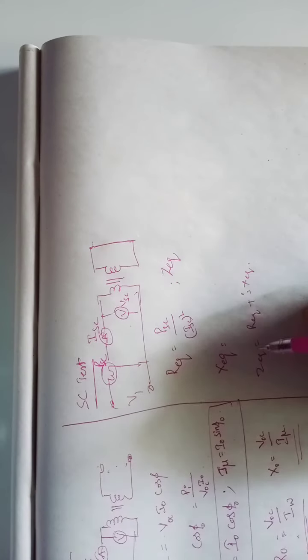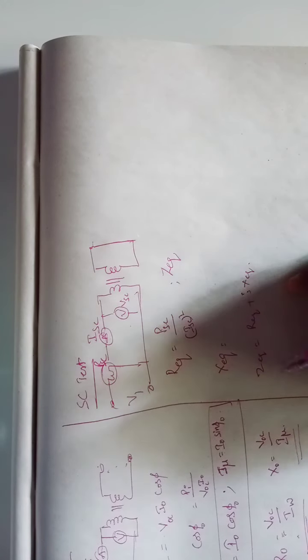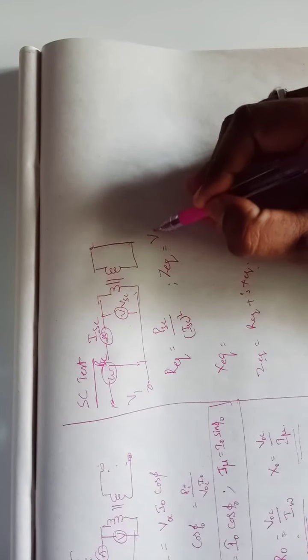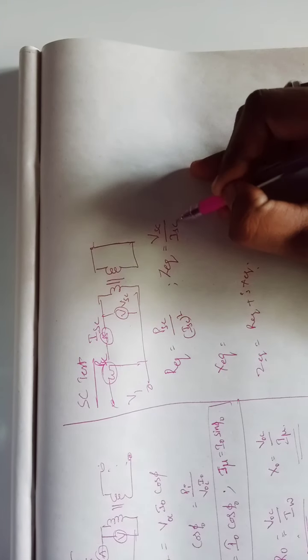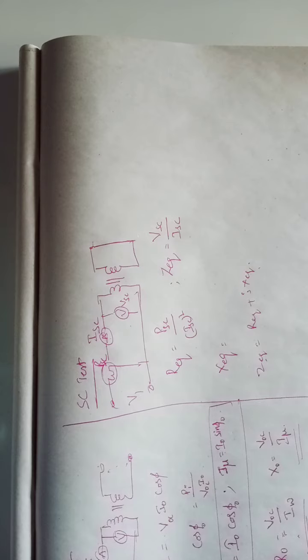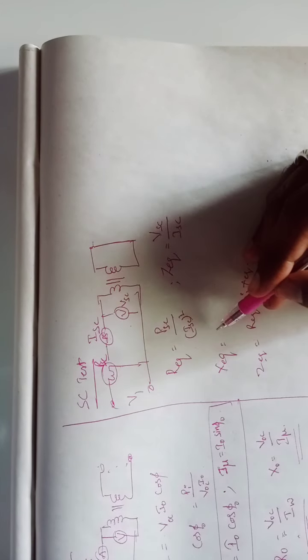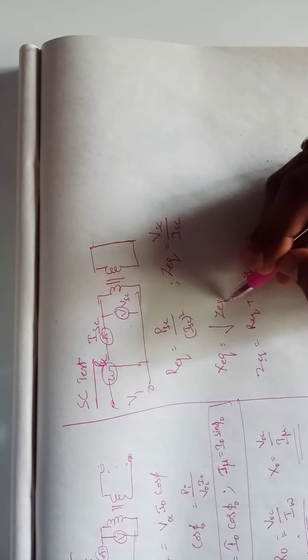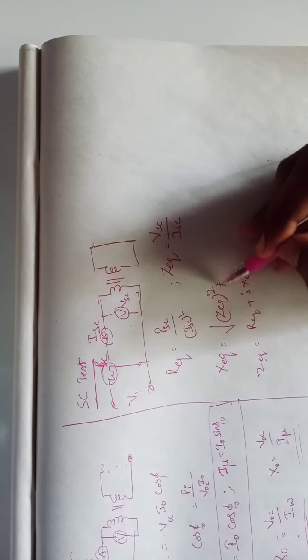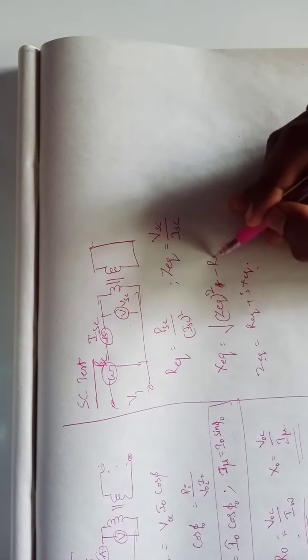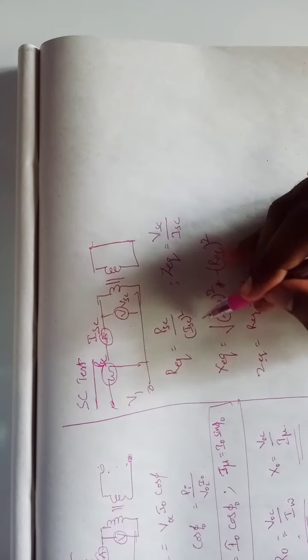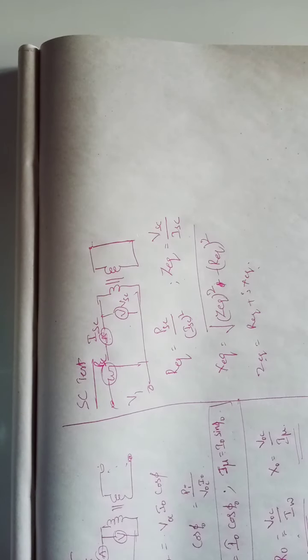Z equivalent is given by the formula V_SC by I_SC. To get X equivalent, the formula is the square root of Z equivalent whole square minus R equivalent whole square. From this you can find the X equivalent.